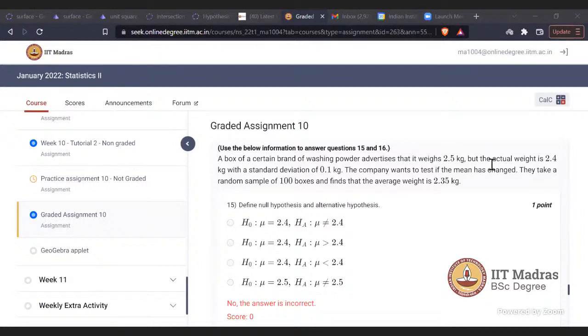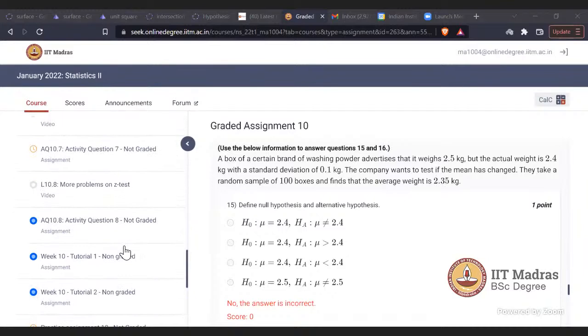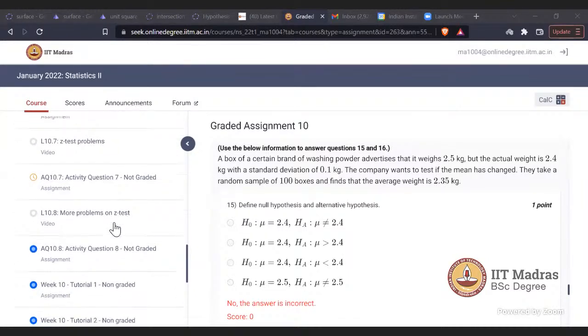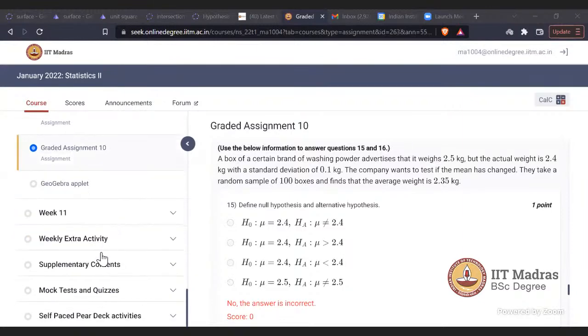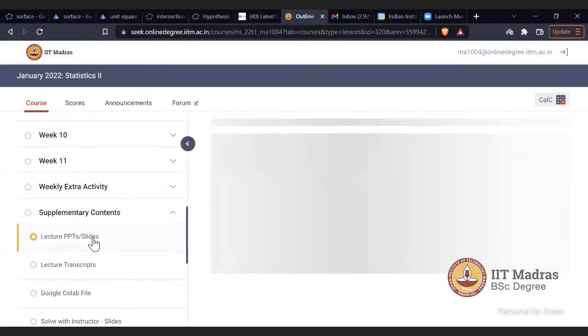And also in the lecture which the professor gave, lecture 10.8, there is a question like the current carrying capacity of a resistor manufactured at your company is supposed to be 3 amps. Because of a recent change in the process, you suspect it to be lesser than 3 amps.